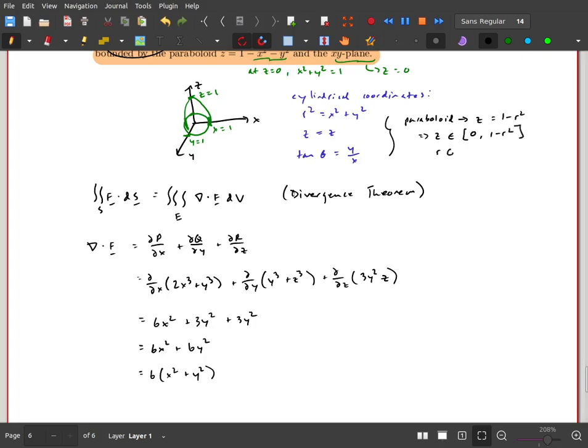You know r is between 0 and 1 because at z equals 0, r would be equal to 1. Theta is from 0 to 2 pi because we're making a full circle.